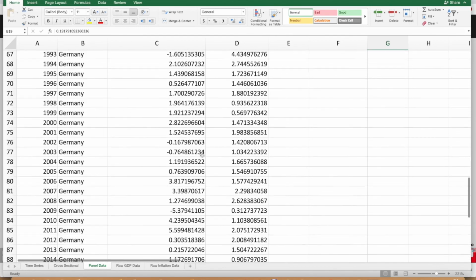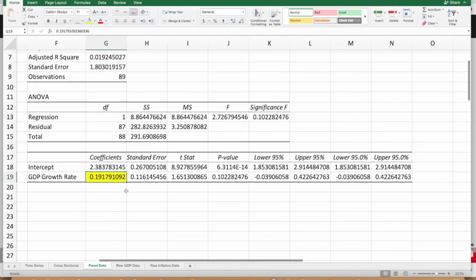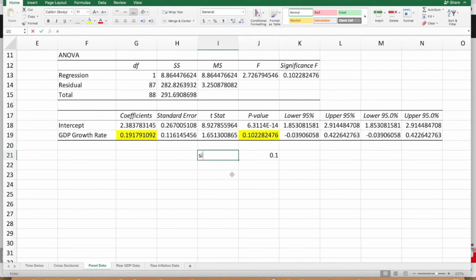We have Australia, United States, and Germany, so pretty stable, developed economies there. Here is our p-value. This one we're going to fail to reject again, right? But we're really close. If we were using a significance level of 0.1, we would fail to reject because our p-value is larger than 0.1, but it's very close.